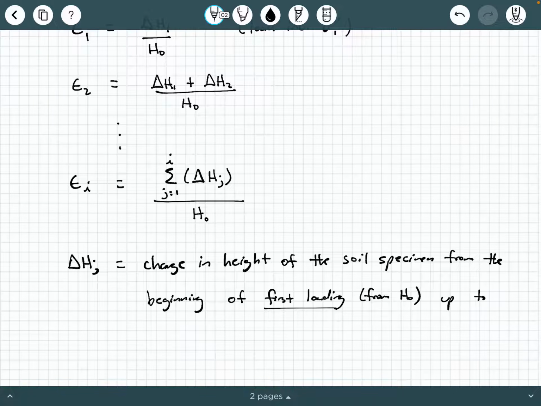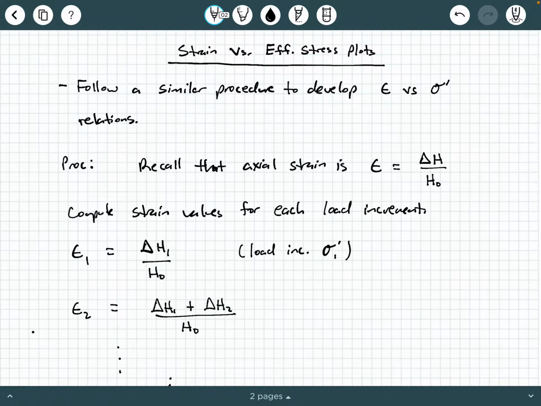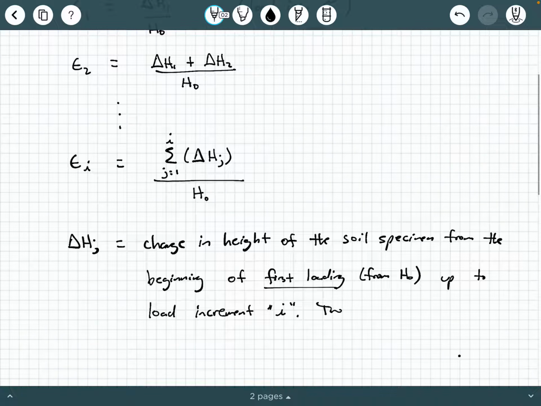up to load increment I, okay? So that's not a typo. That is load increment I. The subscript j here is only a counter. So it's just helping us count up during this loading.